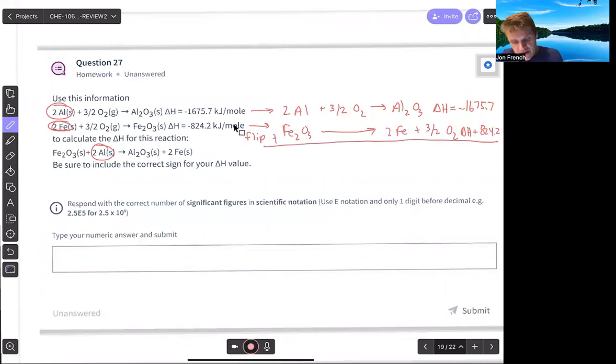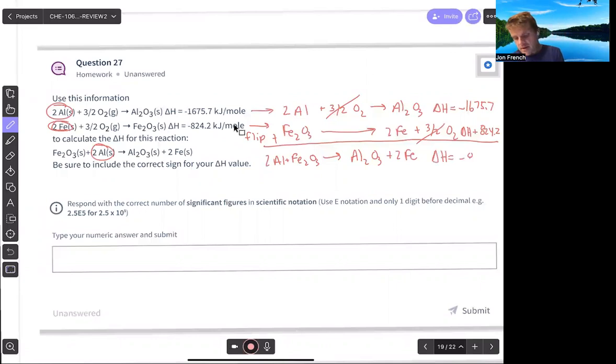Add those together, right? The 3/2 or 1.5 oxygens cancel out. I'm left with 2 aluminums, iron 3 oxide yields aluminum oxide and 2 iron. I add those 2 delta H's together and I'm going to get a negative, let's see, 1675.7, 824.2.